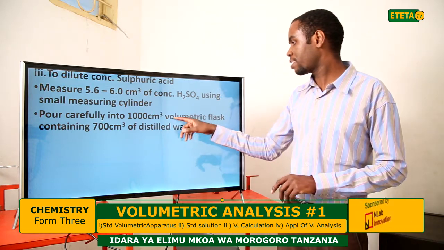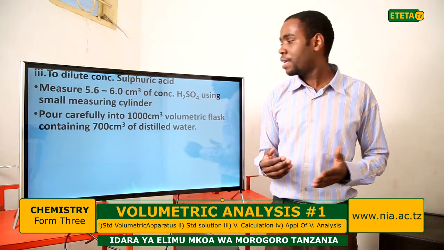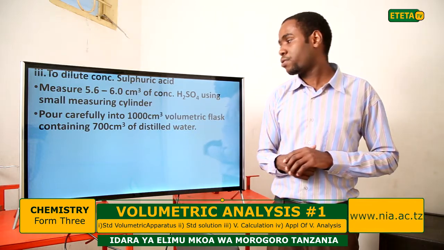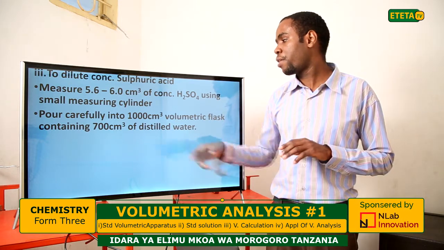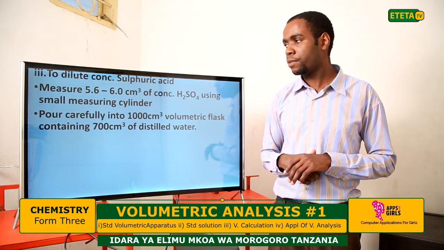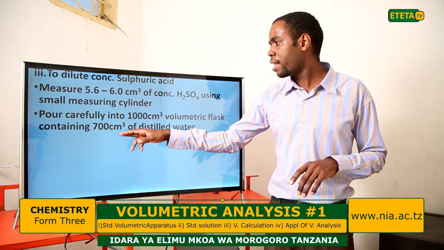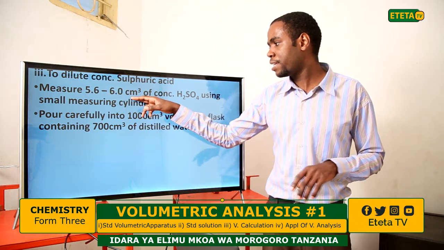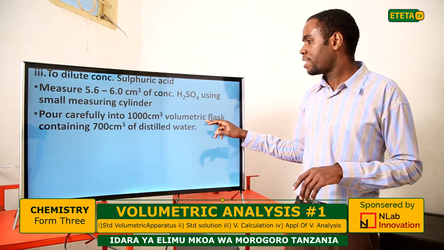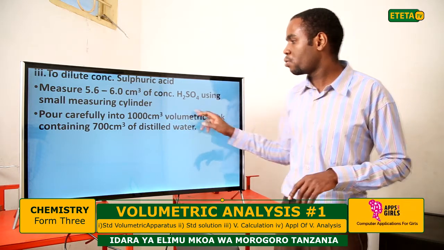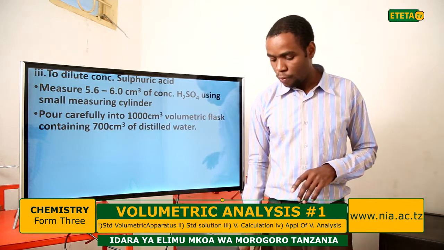The volumetric flask should be 1000 centimeter cube because we need to prepare 1 decimeter cube of solution, or 1000 centimeter cube of solution.